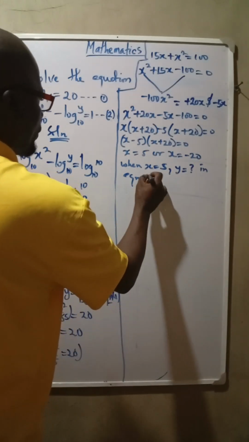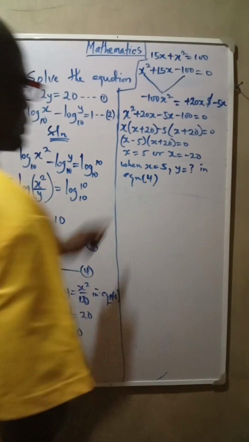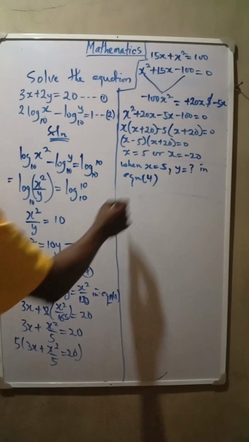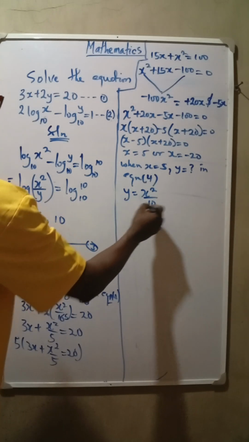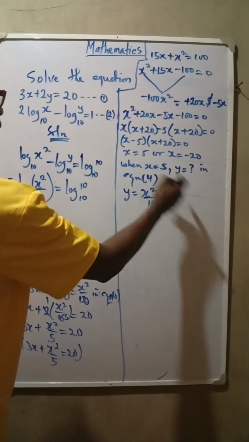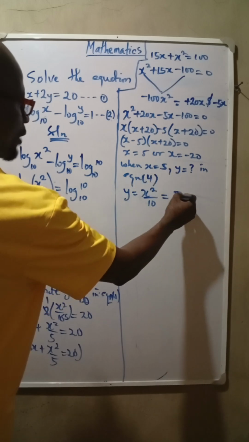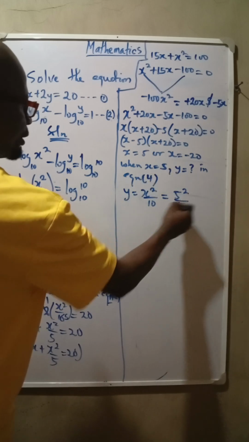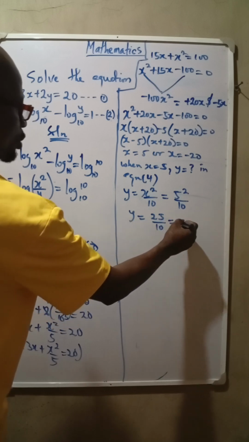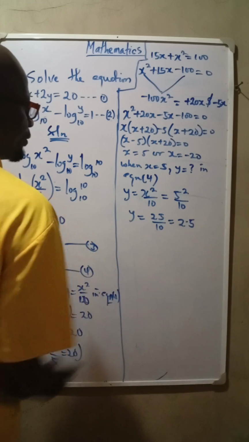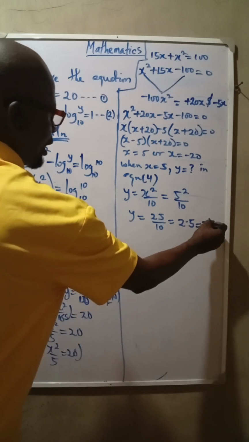In equation 4, we want to look for y. So equation 4 says y is equal to x squared over 10. So meaning if x is equal to 5, we are going to have 5 squared over 10. So y is now equal to 25 over 10, which is equal to 2.5.